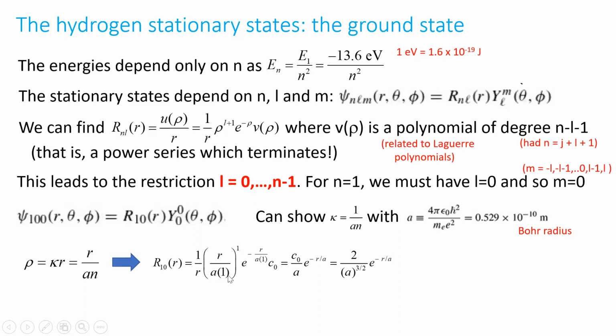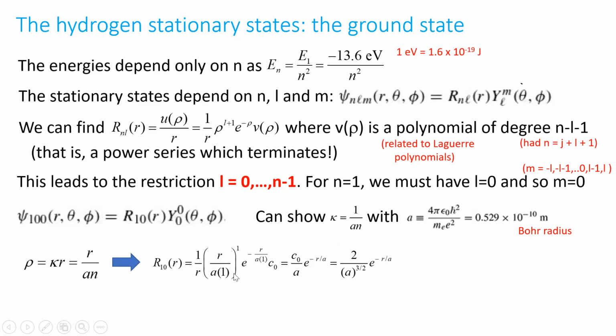So we have r over a times 1 to the 1 power, e to the minus rho, which is r over a times 1, times the v0, which is a polynomial of degree 1 minus 0 minus 1, or 0. So it's just a constant, which we call C0. So simplifying this, the r's cancel.